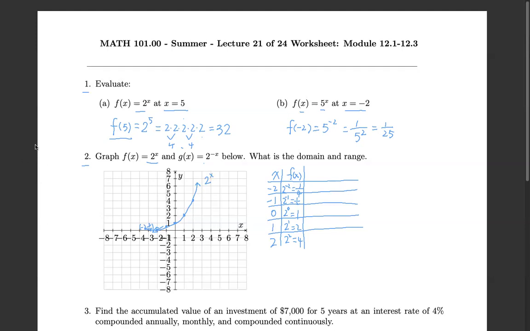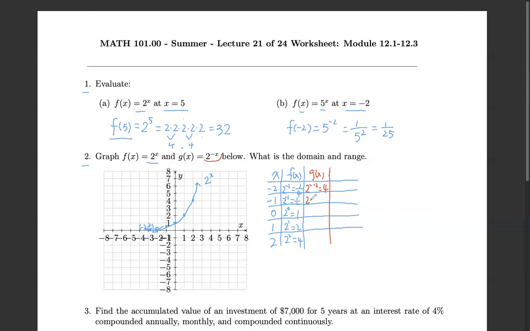Now let's change color to do g. G is 2 raised to negative x. So g of x. Here we have 2 raised to negative 2, because x itself is negative 2. So negative 2 becomes positive 2. So 2 raised to 2 is 4.